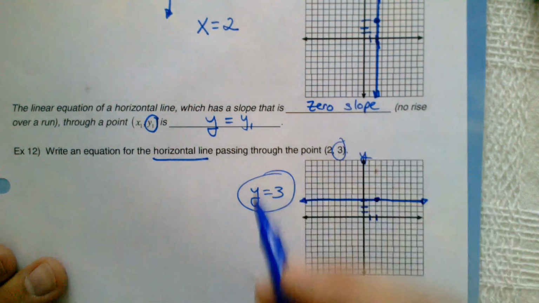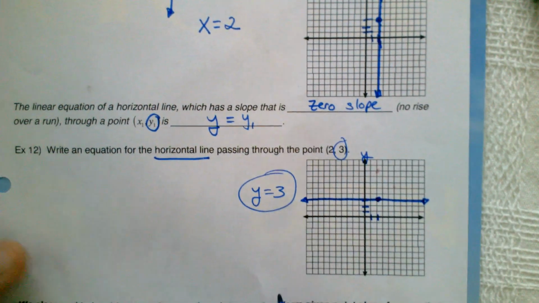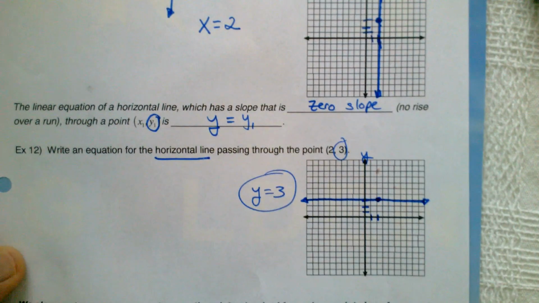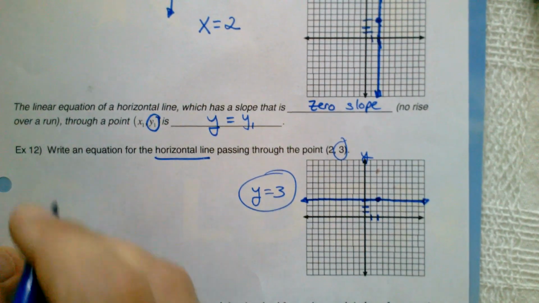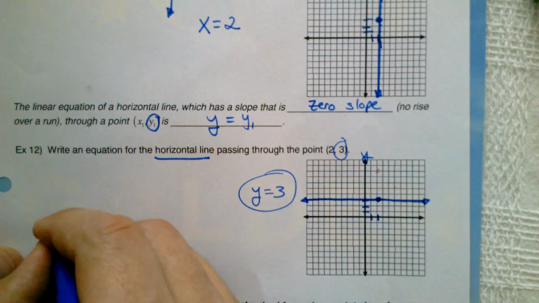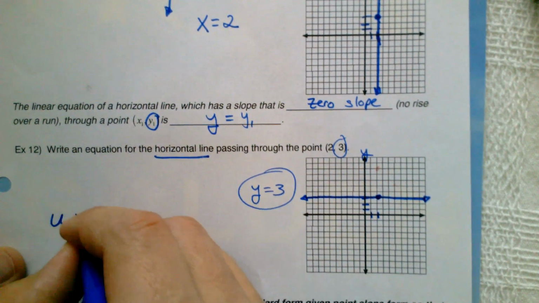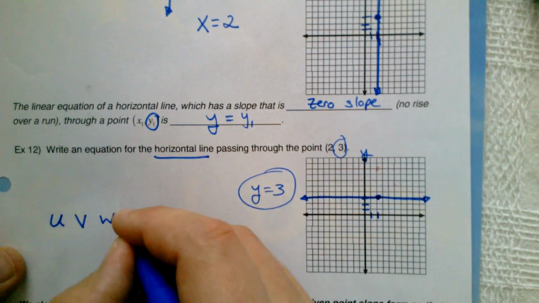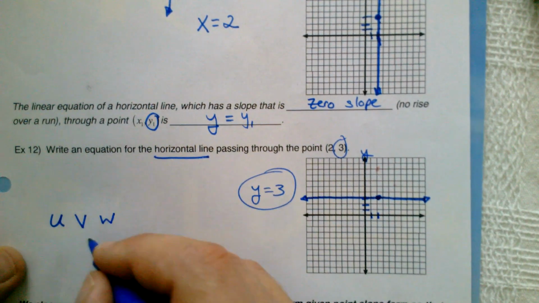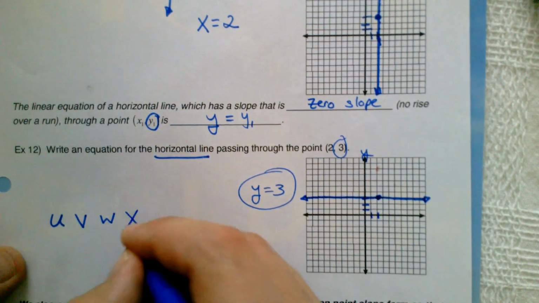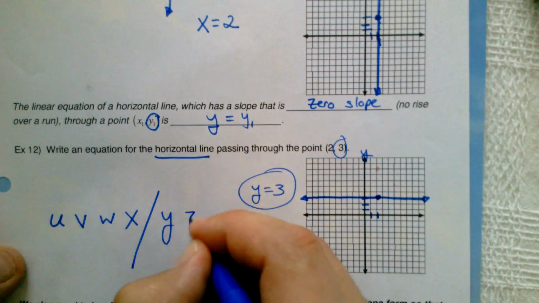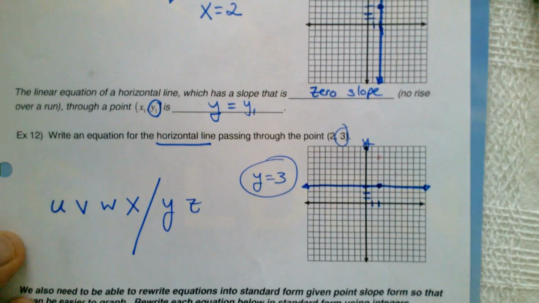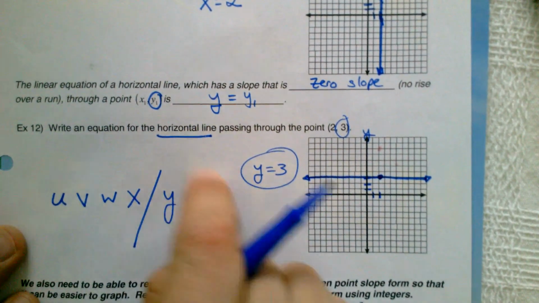Okay. Now, it's always hard to get these focused and make sure you have this correct in your mind. So to help us get this straight in our mind, I think of the alphabet. Starting with U, V, W, X, Y, and Z. You guys know the alphabet. Okay. I always remember this side.